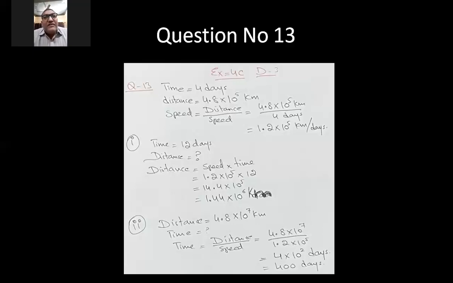So I will divide the distance by the speed and I will get the time. So in your calculator, you will enter 4.8 expo 7 divided by 1.2 expo 5. So the answer will be 4 expo 2 days. 4 expo 2 means 400 days. So this is how you do the question number 13. I hope that you have understood this question.